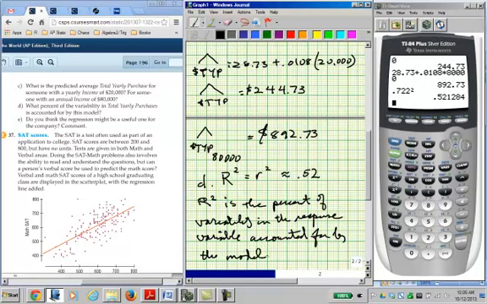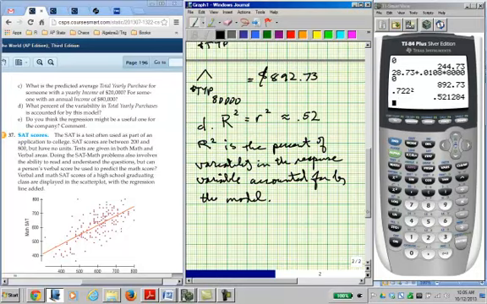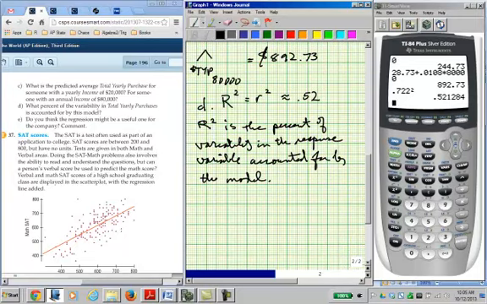So in this case, 52% of the variability in total yearly purchases is accounted for by this model. 48% is not. It's reflected in the residuals and is accounted for by other variables.